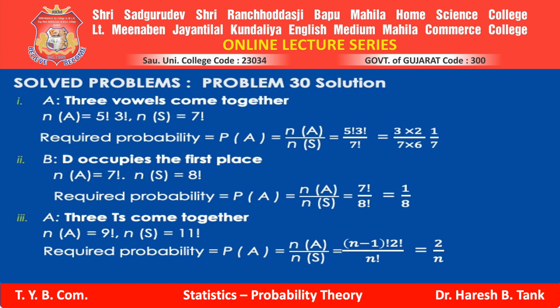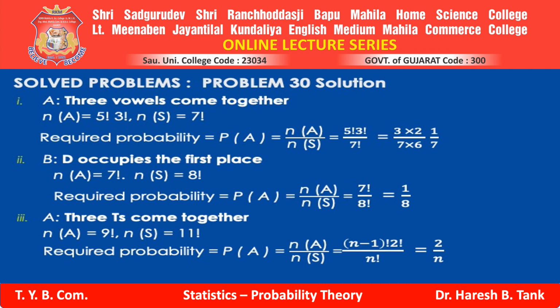So number of elements in set A becomes 7 factorial, and number of exhaustive cases becomes 8 factorial. So the required probability is favorable cases divided by exhaustive cases. Favorable cases are 7 factorial and exhaustive cases are 8 factorial. Simplifying it, it comes to 1 upon 8.